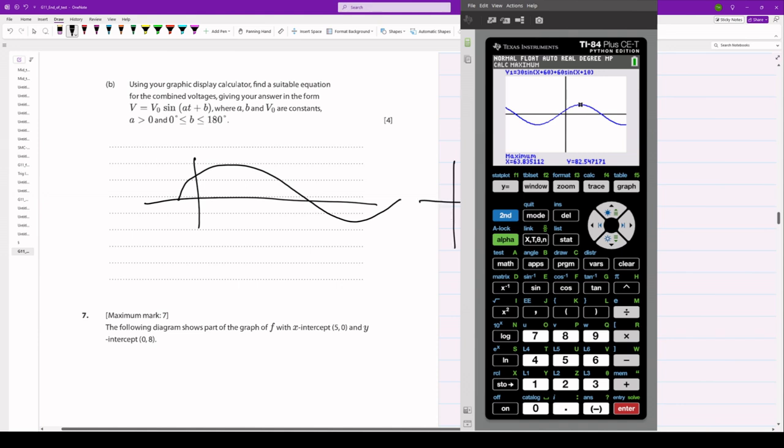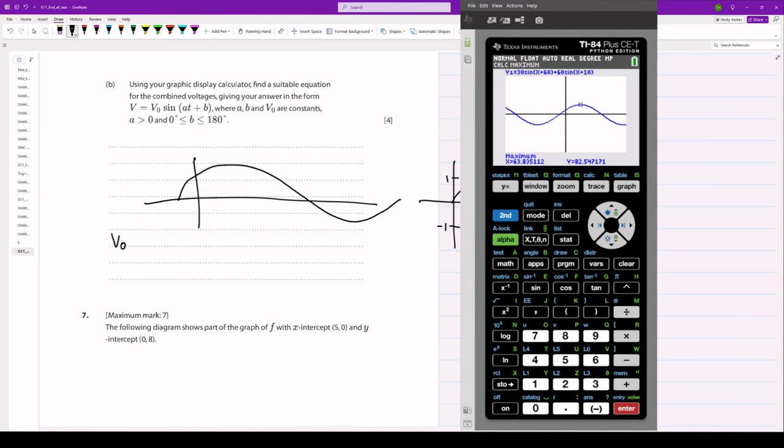Now usually a sine graph looks like that. So my suggestion with these is write out what it should be and then figure out how they've changed it, and use the rules of transforming graphs to help you figure out where each number should go. And we're going to do one number at a time.